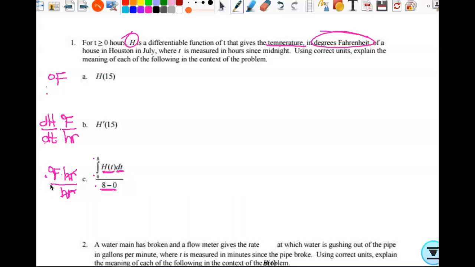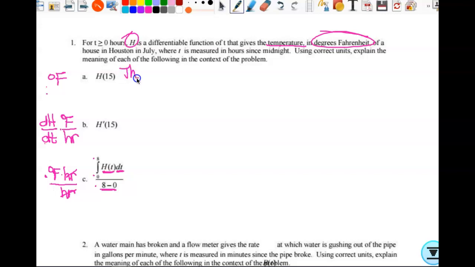All right, so that means that H of 15, what does that actually give me? When t equals 15. So we don't know actually what the answer is, and that's fine because we don't have enough information.